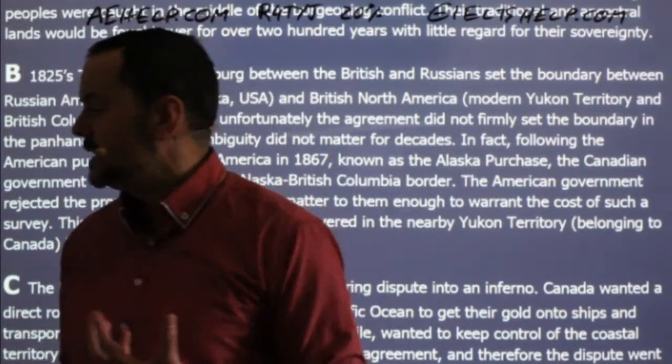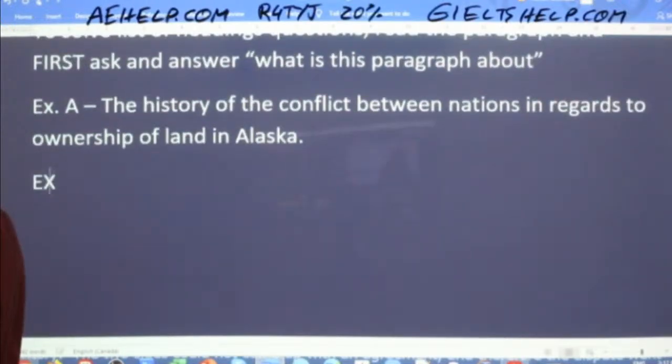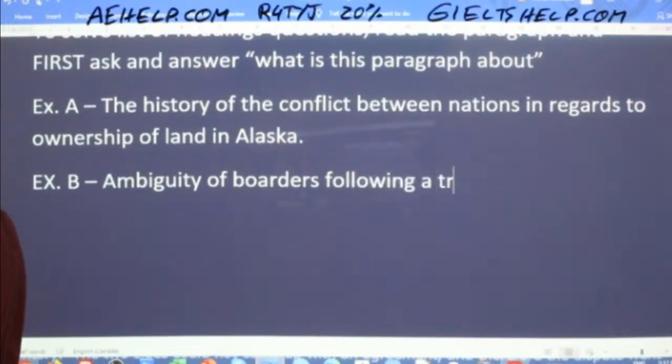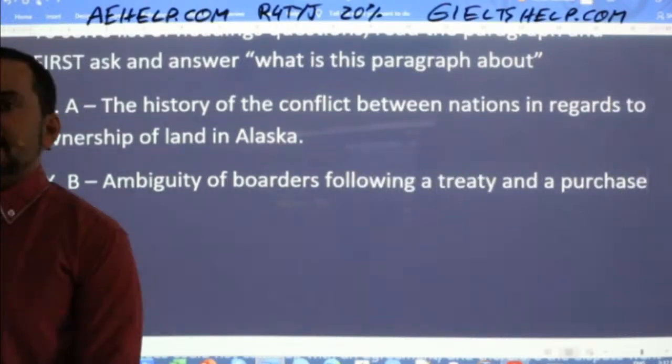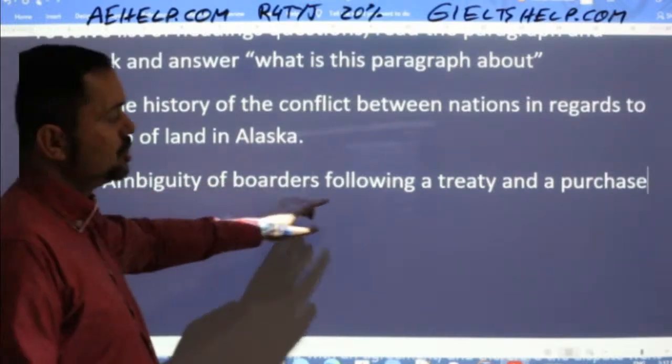Natalie says it's the ambiguity of borders. That would be my answer. Okay, so ambiguity of borders following a treaty and purchase.